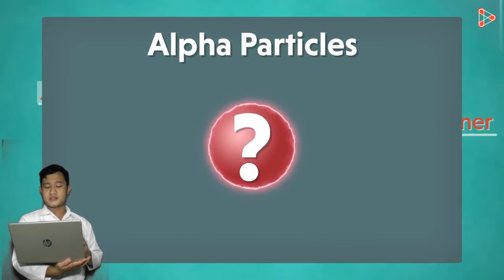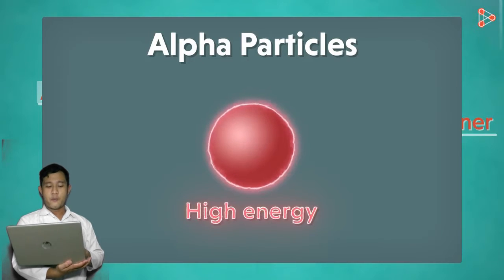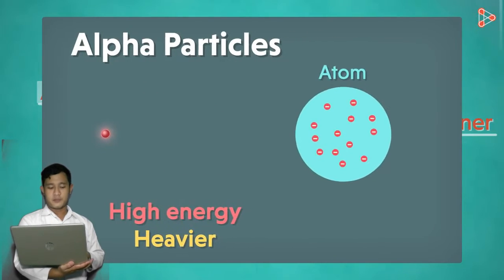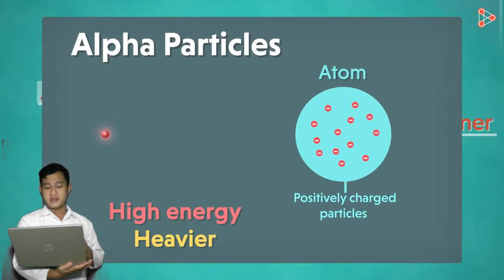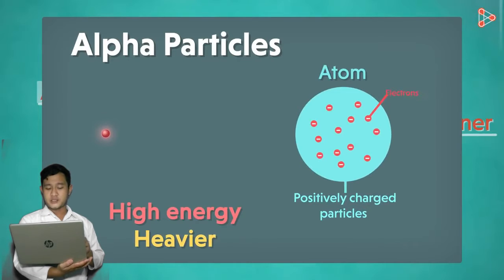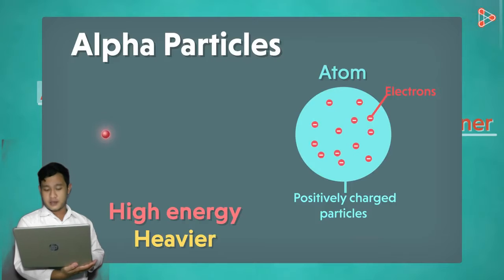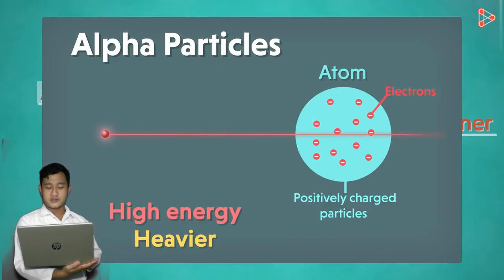But why did he select alpha particles in the first place? Well, alpha particles have high energy and are heavier as well. So, if the atom is like a pudding of positively charged particles with electrons embedded in it, then the particles will pass right through it.